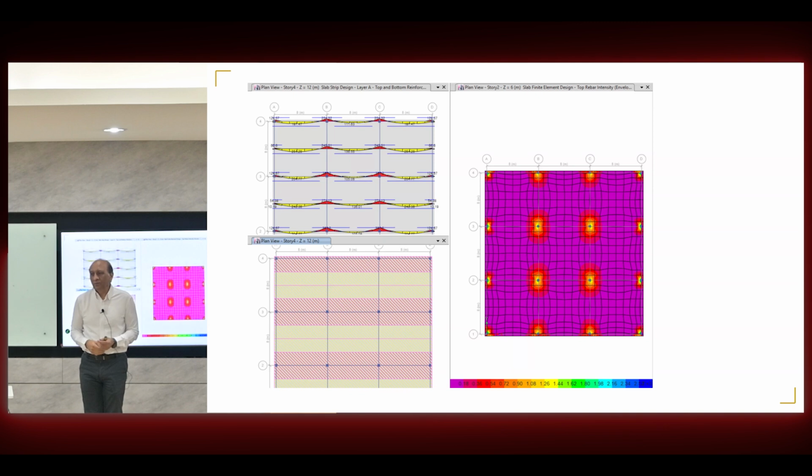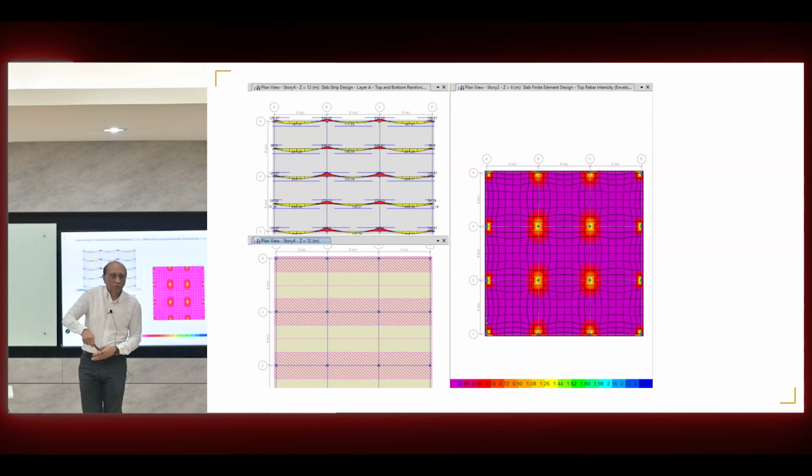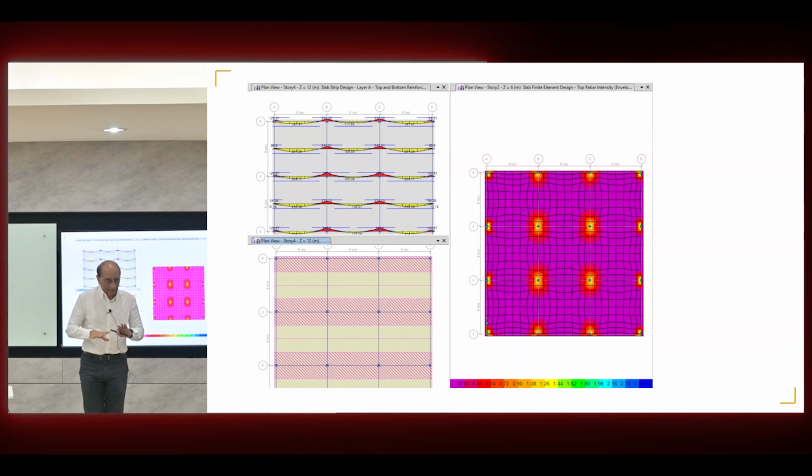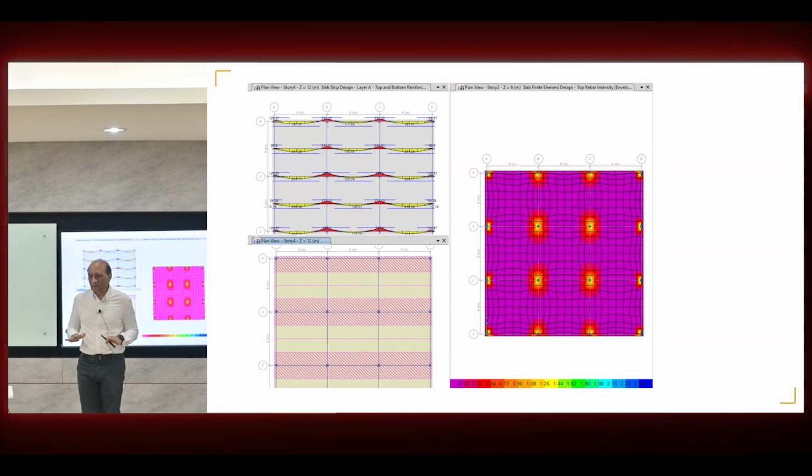So we don't need to worry about the other direction when we are doing one direction. We finish X direction, we go to Y direction and do the same thing again. And we calculate the reinforcement along this direction once, and then the reinforcement along the other direction a second time. No interrelation, no overlap, no confusion about that. They don't affect each other at all. Okay, that's the important thing.